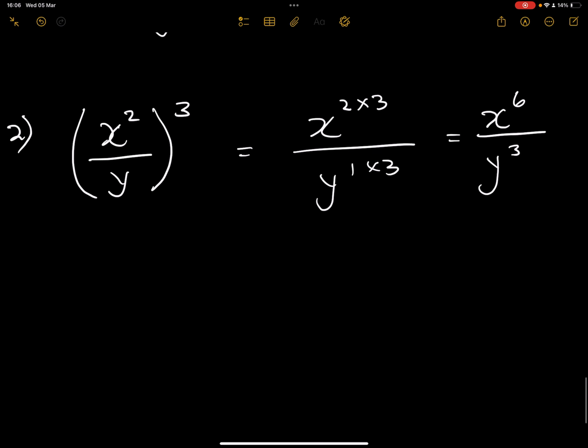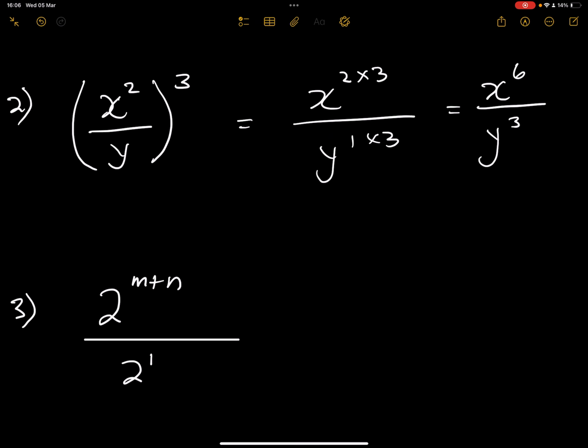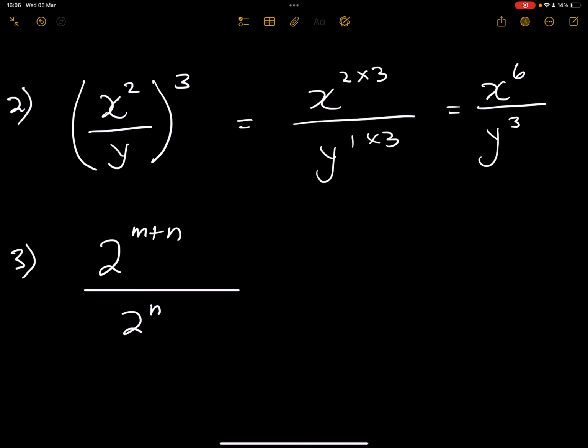Right, now let's take another example. If I take 2 to the exponent of m plus n, divided by 2 to the exponent of n minus 1, what are we going to do? The bases are the same, right? So this would be 2 to the exponent of m plus n.